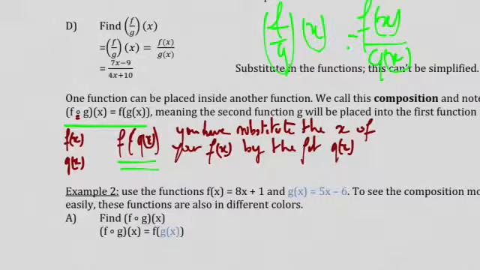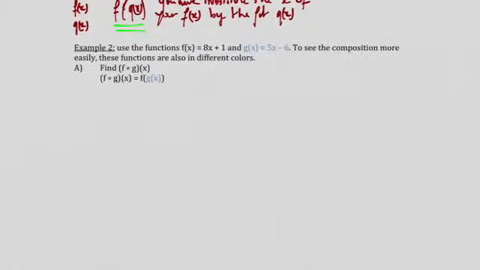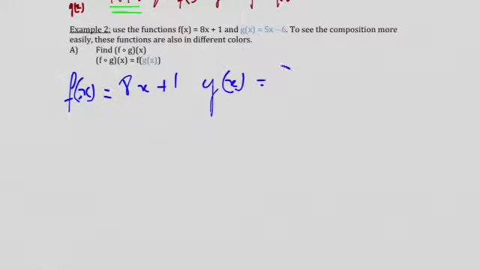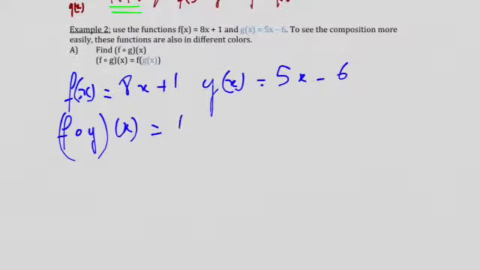And let's try to solve example number 2 regarding the compositions. So I'm having f of x, and I'm going to use another color because I think this color is not appropriate. The expression of f of x is 8x plus 1, and I have an expression g of x equal to 5x minus 6. When I try to define f o g of x, I know I'm supposed to calculate f of g of x.